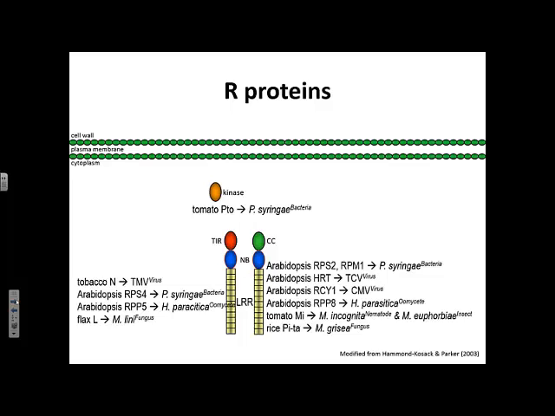In this case, in the middle there is a nucleotide binding domain, and in the C terminus there's a leucine-rich repeat domain. This can be further subdivided into 2 subgroups depending on what is in the N-terminus: the Toll interleukin receptor or the coiled-coil domain. That's generally how we divide these resistance proteins, because a lot of resistance genes belong to these particular groups.